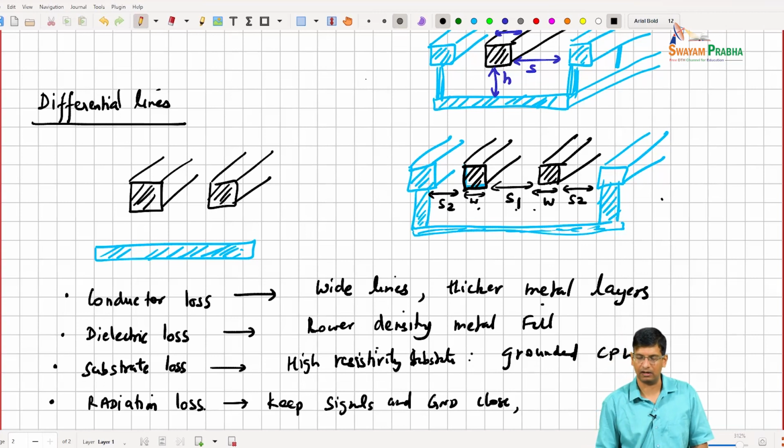But just to give you a very high level, if you don't have the ground, you are basically reducing the capacitance that each of these lines is seeing. So you're effectively increasing the impedance. Then if you want to maintain the same impedance, you have to move these closer together, right? So that's the kind of property that you'll have to adjust.